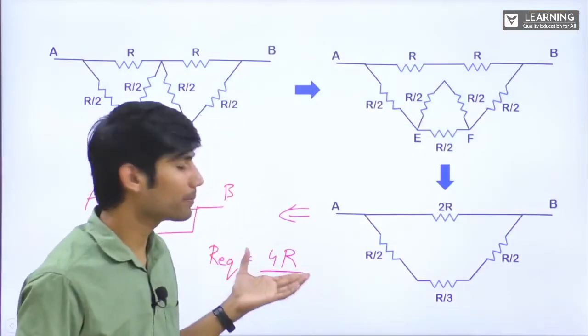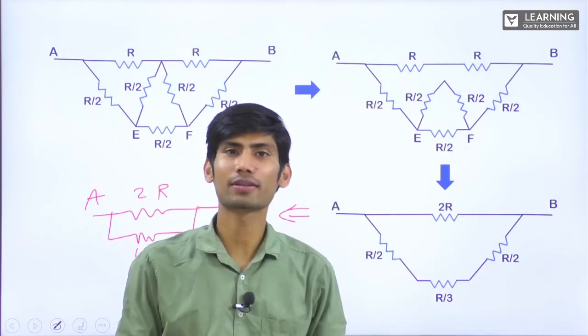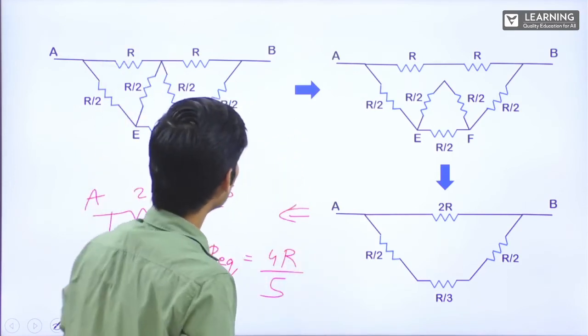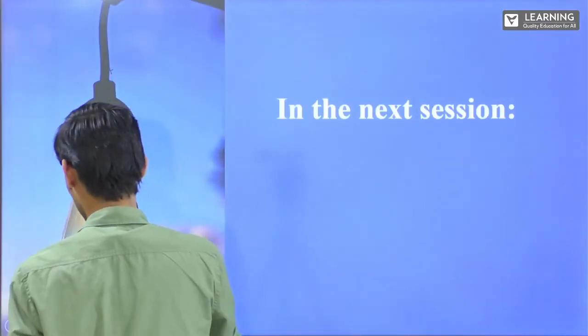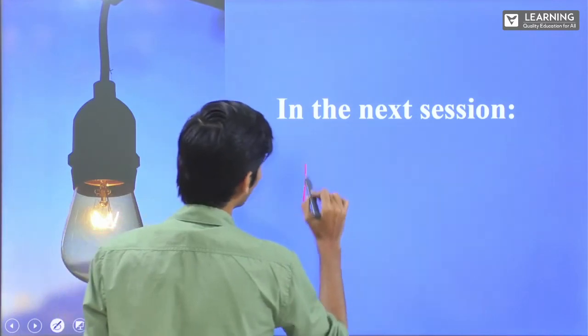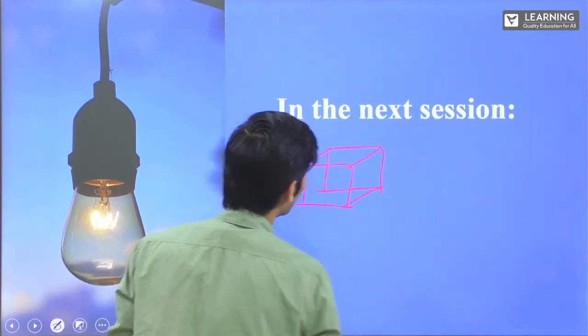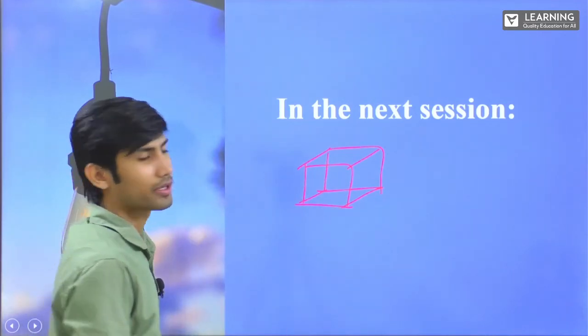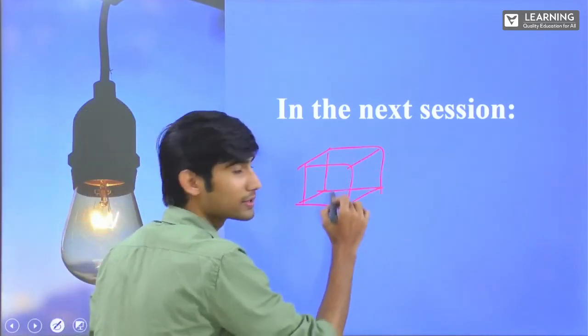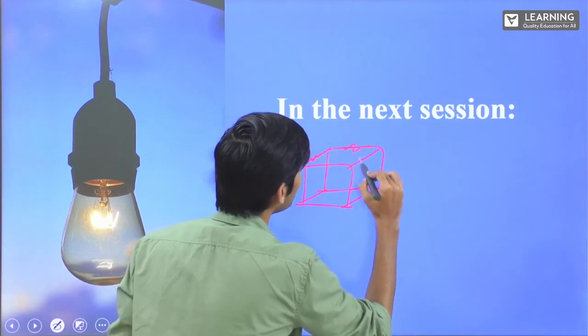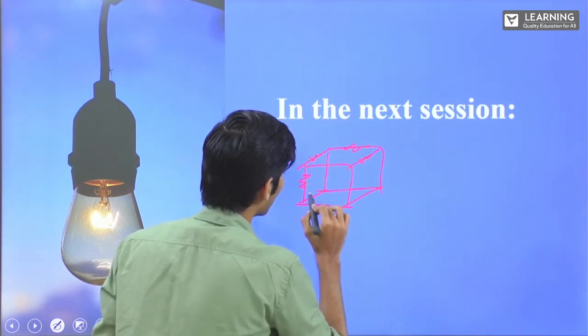There is one more type, that is resistances on a cube. There will be a cube. I will show you here. Each side of this cube will have resistance. Every wire will have resistance, or let's say we'll put a resistance on each edge.